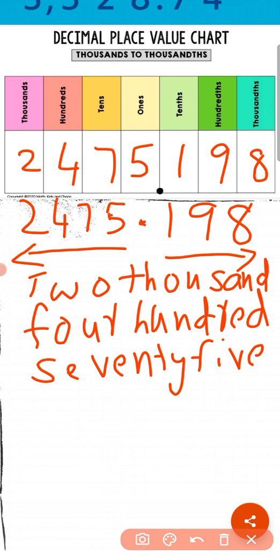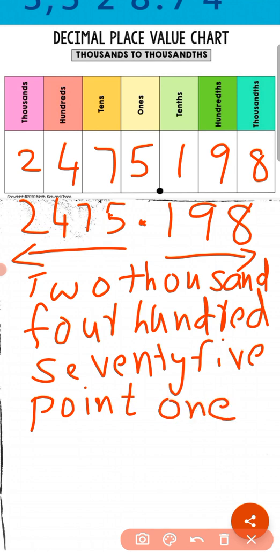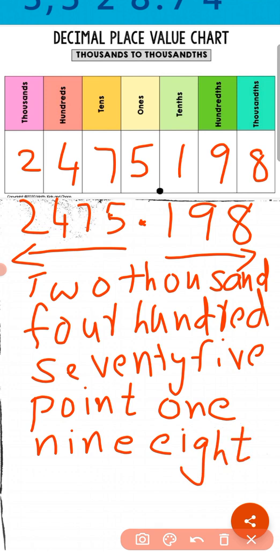Now this is the decimal point, so say point. The next digits are 1, 9, 8. Read it as 2475.198.